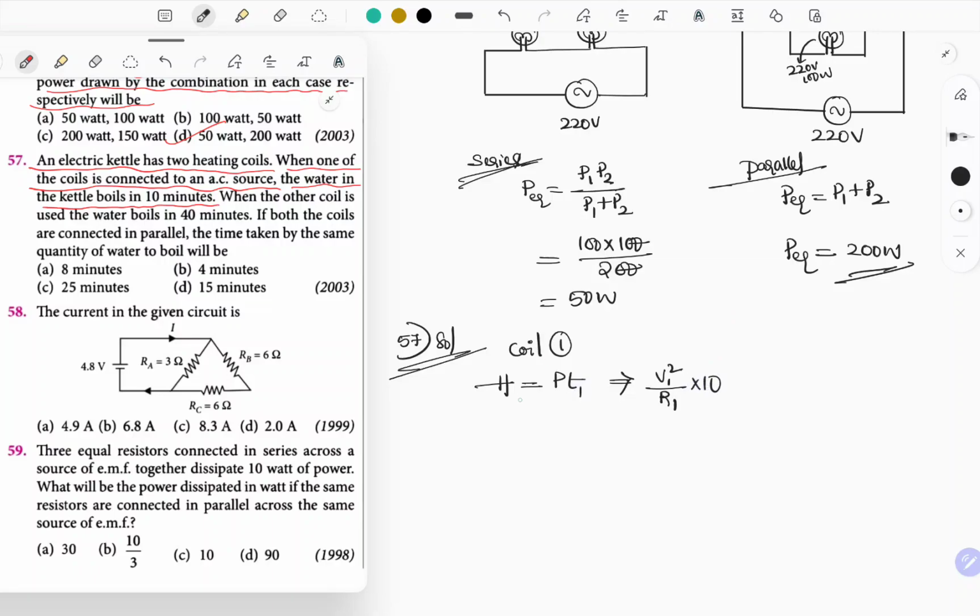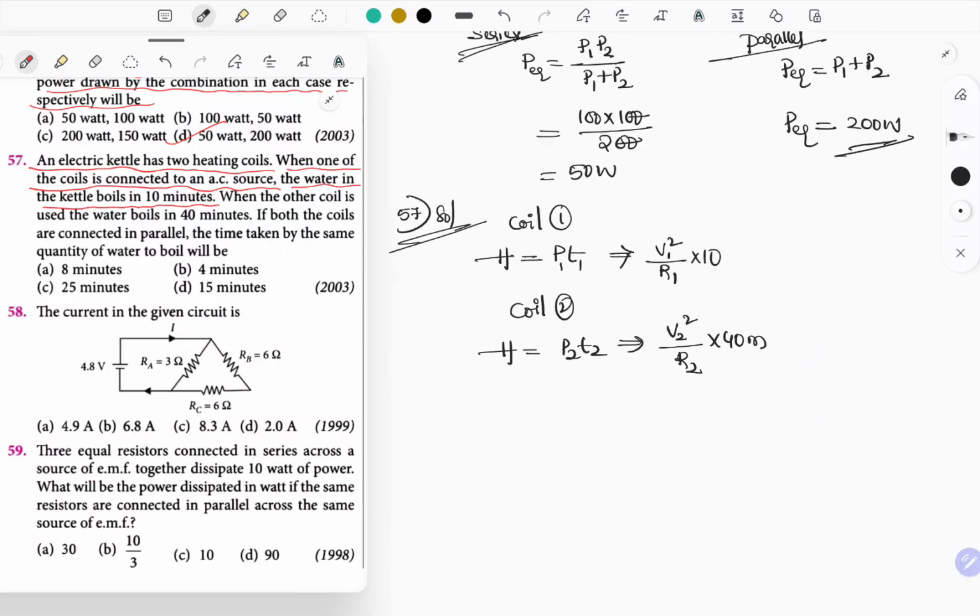Okay. Next. In coil 2, when the other coil is used, water boils in 40 minutes. Coil 2. Same formula. H is equal to P2 into T2, which is V2 square divided by R2 into 40 minutes. Okay. Super.